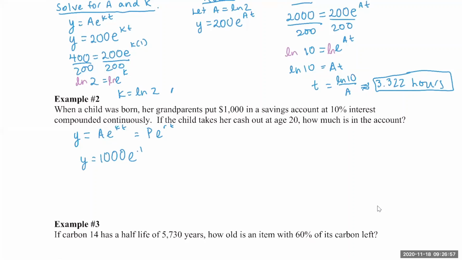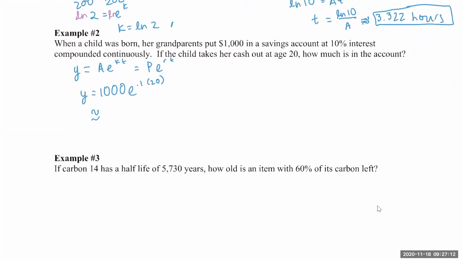And it's compounded continuously since she was born. So if the child takes cash out at age 20, how much is in the account? So super easy question. I just wanted to make sure you guys remembered. These models are all the same thing, whether it's exponential growth, decay, or if you're talking about compounding interest. So go ahead and type into the chat, what do you guys get when you enter that in?